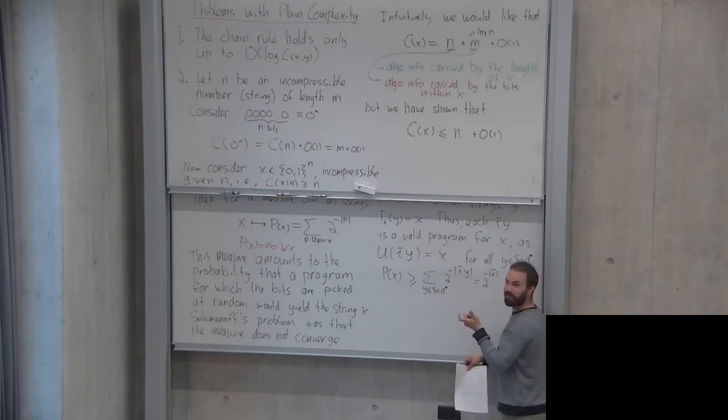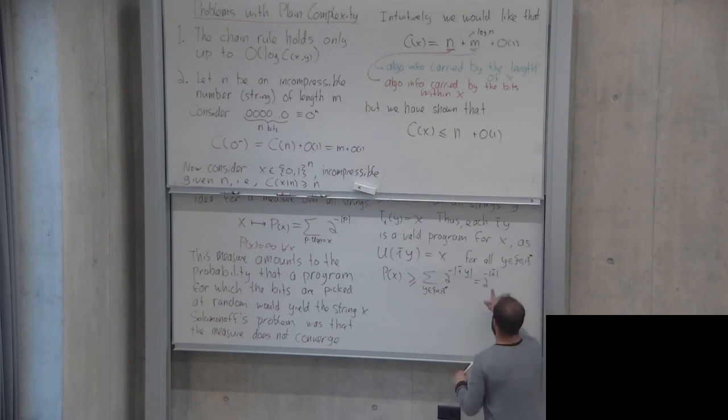We concatenate bit strings, and the length of the concatenation is the sum of the lengths. So I've got that, sum over all y in {0,1}* of 2 to the minus length of y.